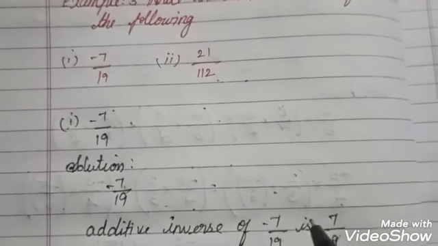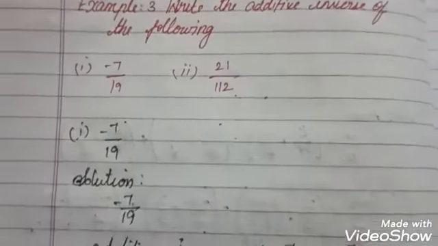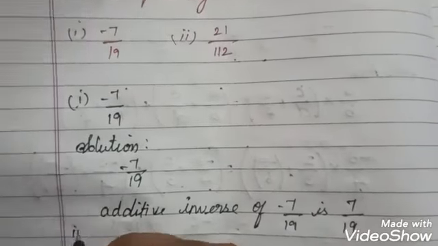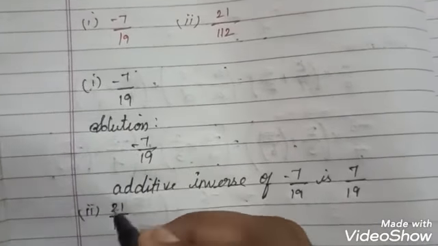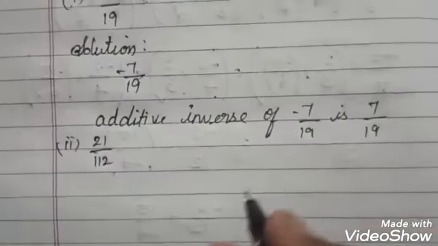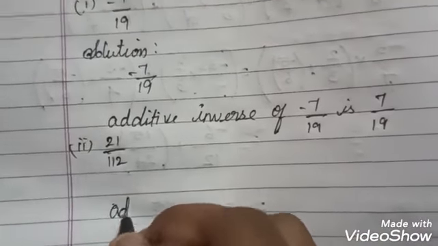That's all, you have to change the symbol. The same way here, second one, 21 divided by 112. So it is plus. What is the additive inverse?